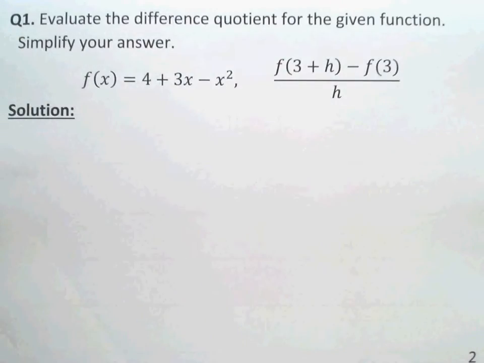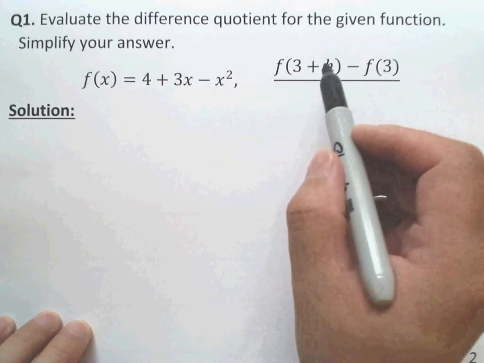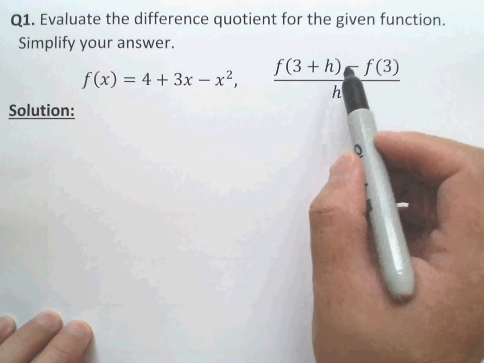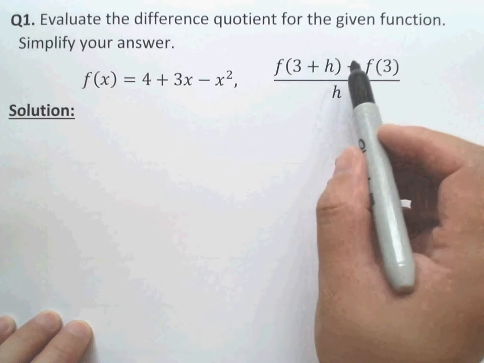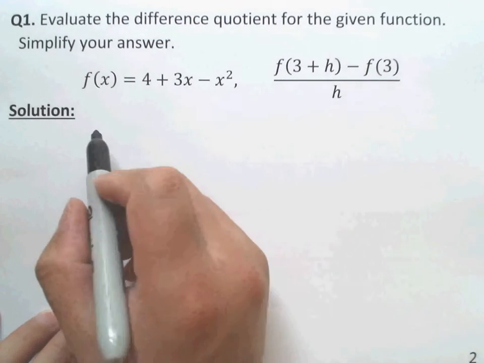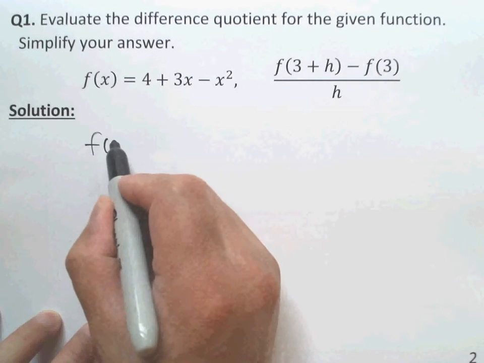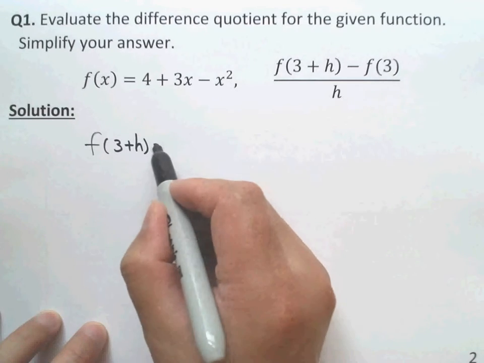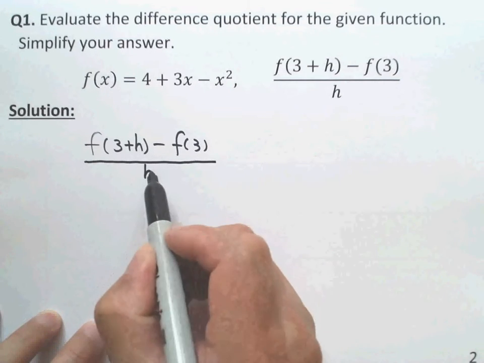So we have the function. All we need to do is evaluate this expression. This is exactly the difference quotient over the interval from 3 to 3 plus h. Let me copy the original definition: f(3 plus h) minus f(3), which is delta y, over h, which is delta x.